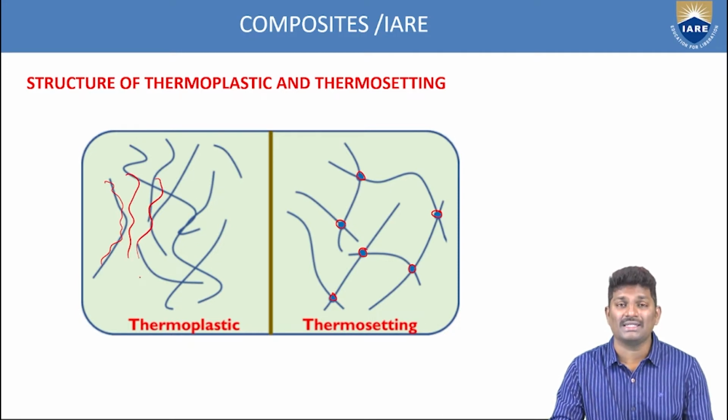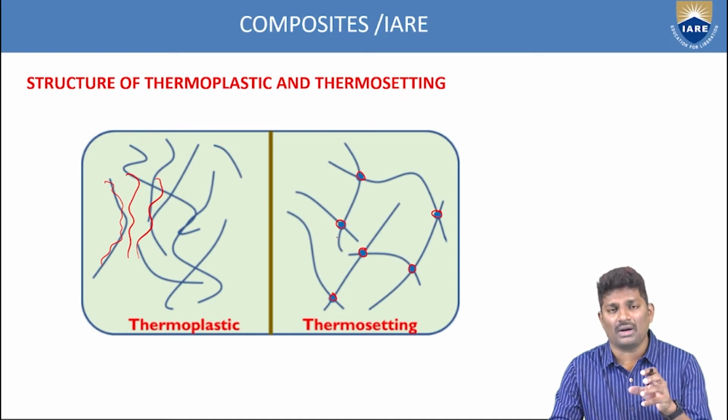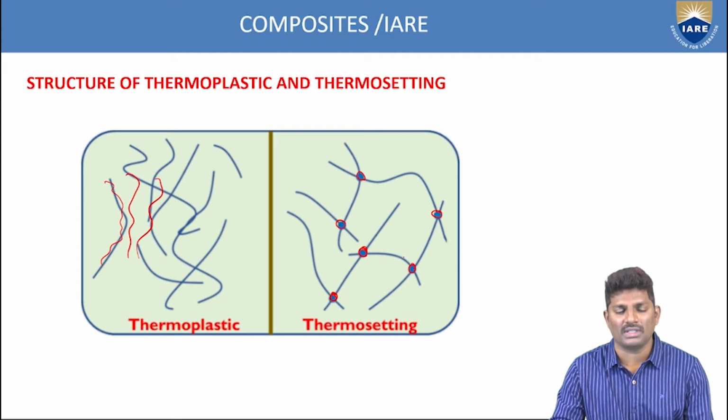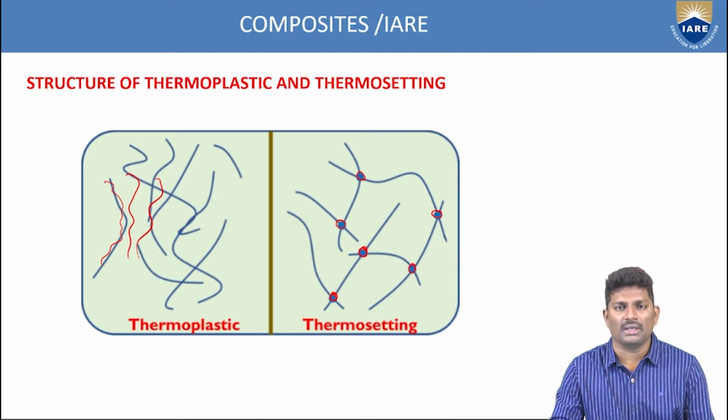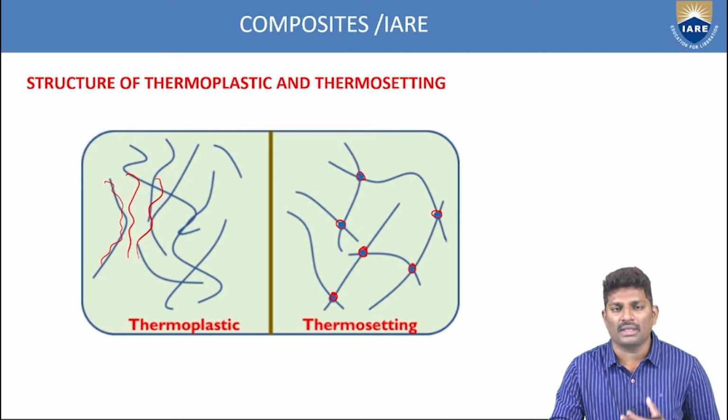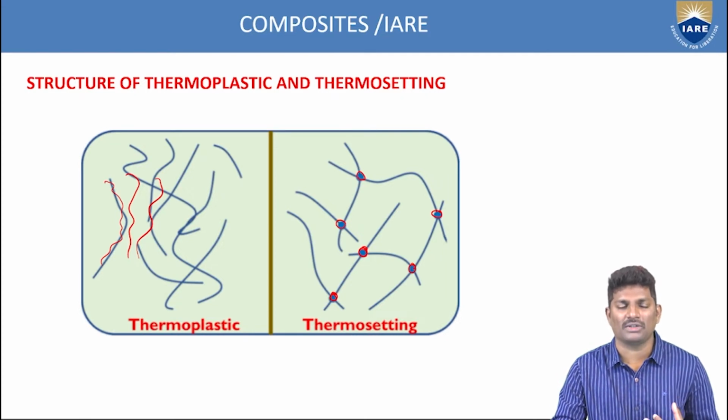So that's why it is recyclable. But in this case, since all the atoms are bonded with each other, we cannot do the recycling process. So that is the main difference, depending upon the type of matrix we are incorporating in the composite materials, whether it is a thermoplastic or thermosetting.